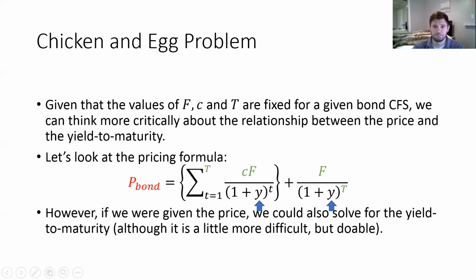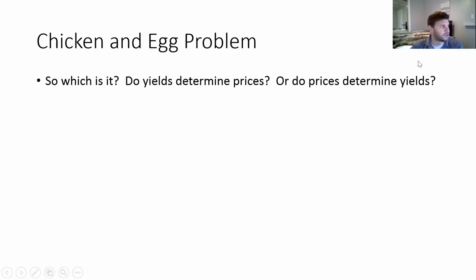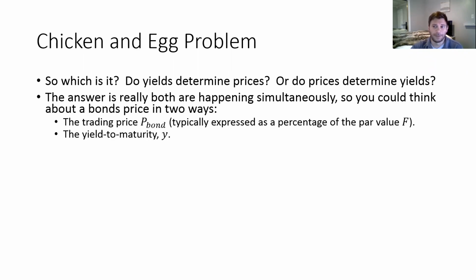Which is it? Are we thinking that it's the yield that determines prices, or is it that the prices determine the yields? We've argued it could be either. The answer to this question is really both are happening simultaneously.